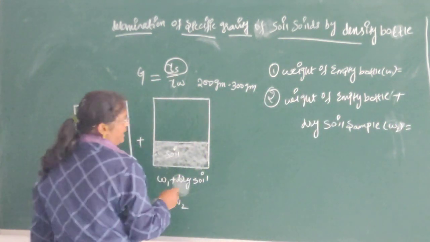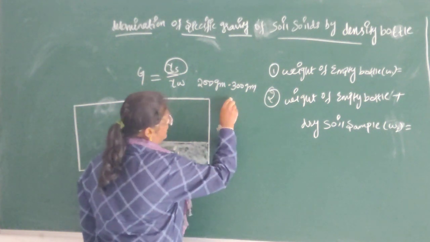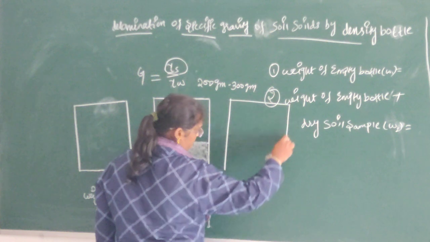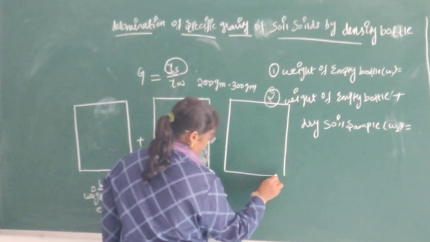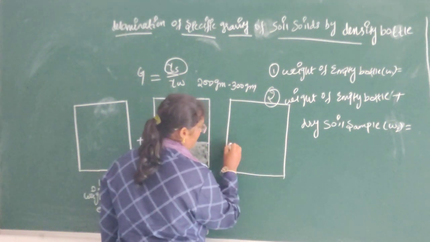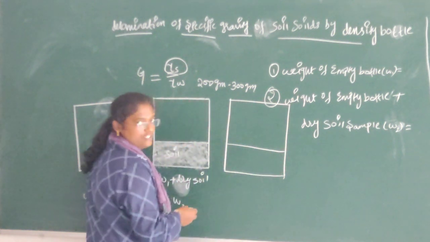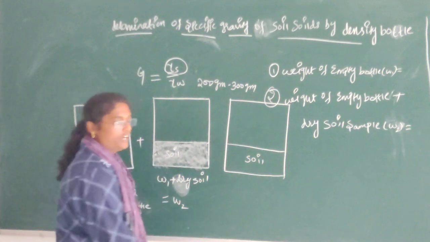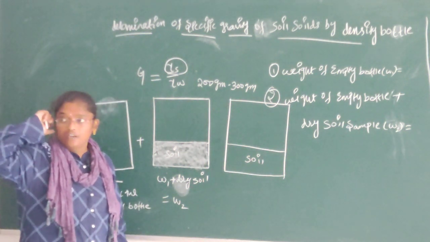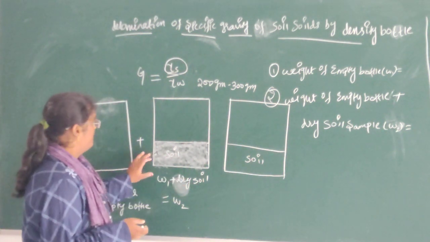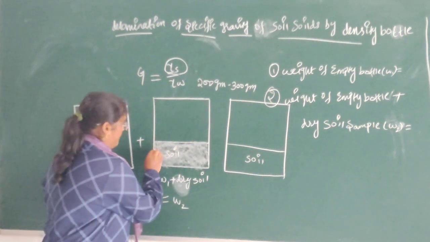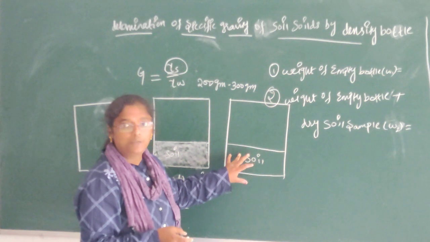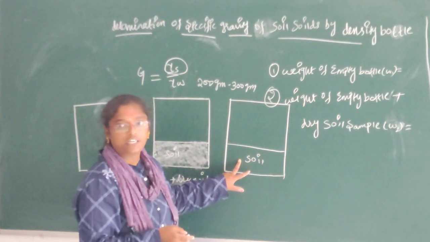Next, again what we are doing here is, here is your soil, right? What I am doing is using the water; first we will be making the soil into the saturated condition.